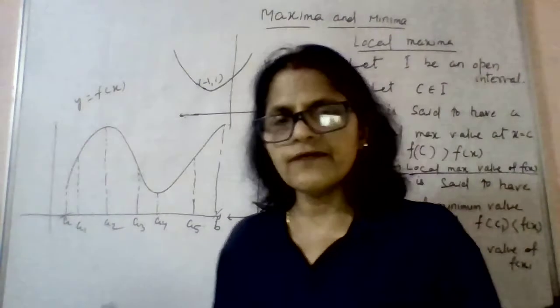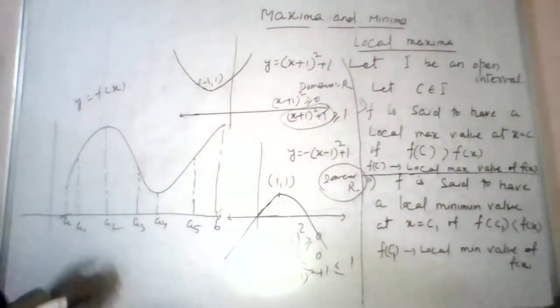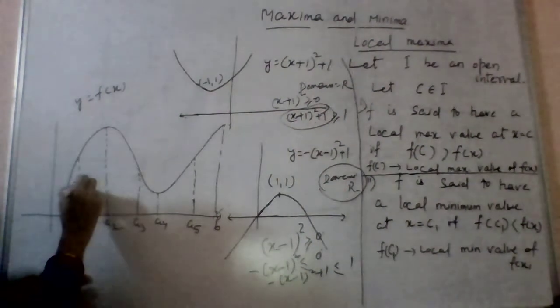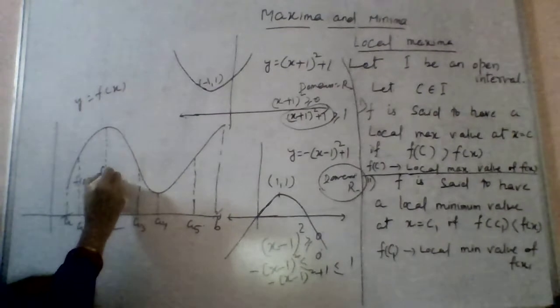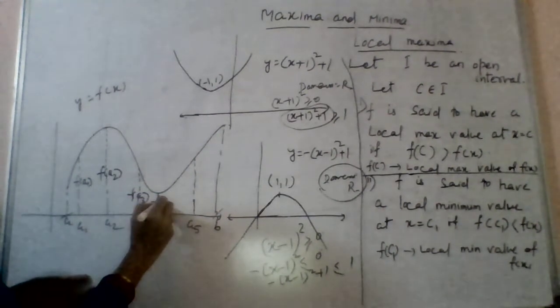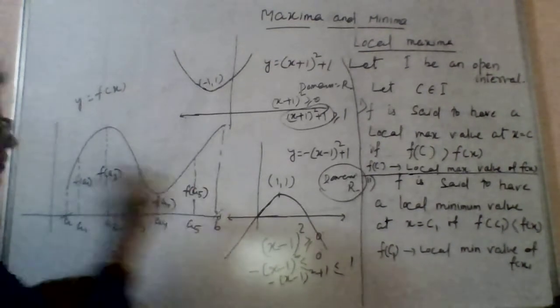When x equal to a1, f(x) is f of a1. Similarly, f of a2, f of a3, f of a4 and f of a5.